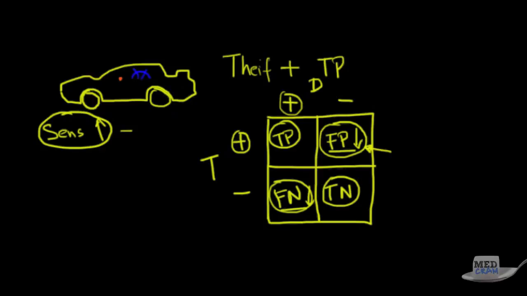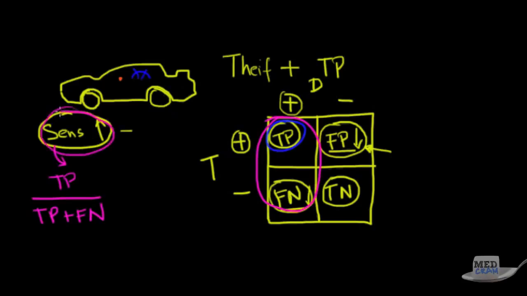Now we're going to talk a little bit about these false positives, true positives, and false negatives in this box in a little bit, but I wanted to introduce to you the concept of what sensitivity is and what specificity is. Sensitivity, mathematically speaking, is the true positives divided by the true positives plus the false negatives.